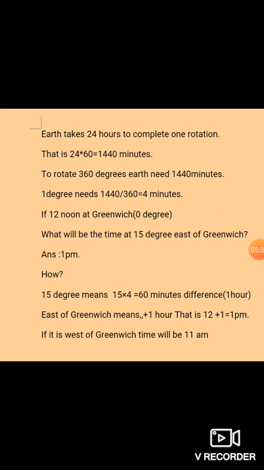Similarly, at 180 degree, it will be midnight when it is 12 noon at Greenwich. Is it clear? Yes, so we can say that different places have different times.